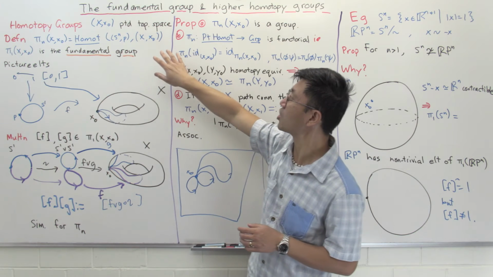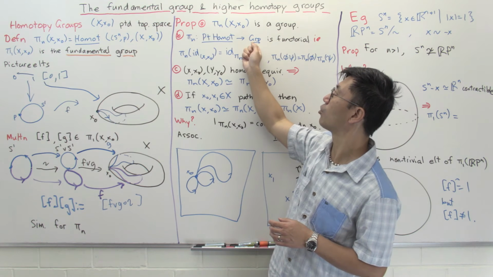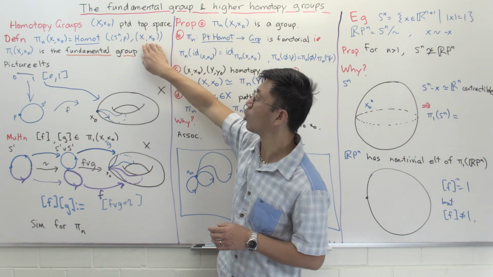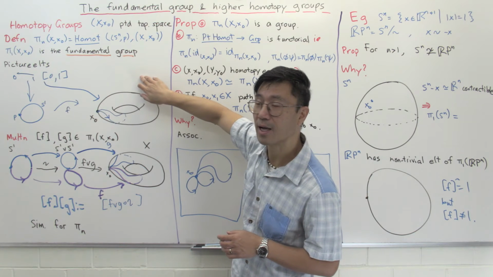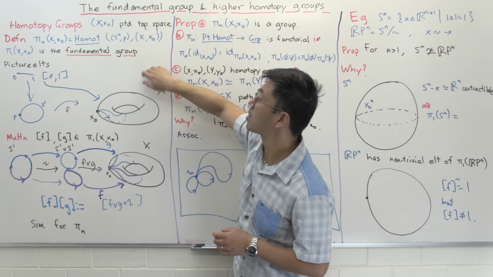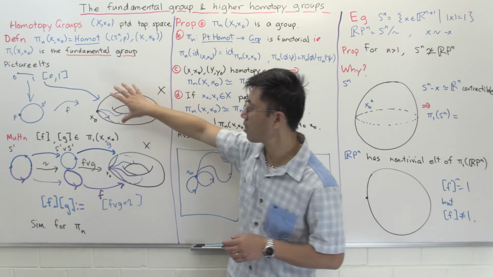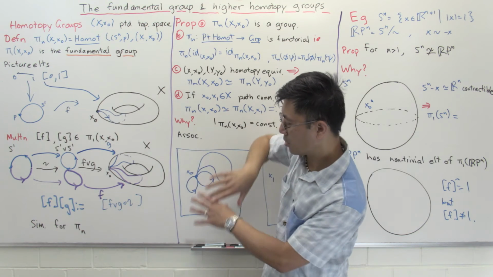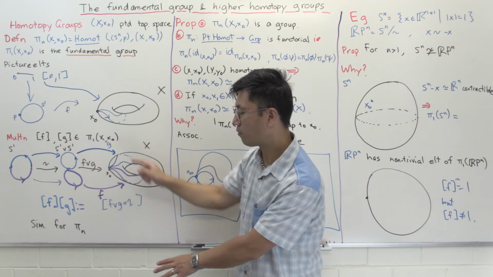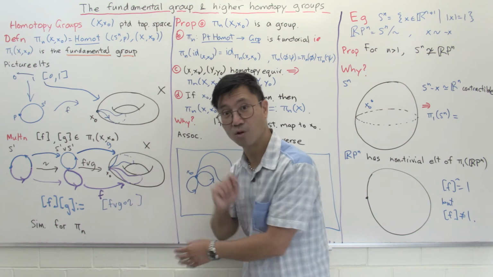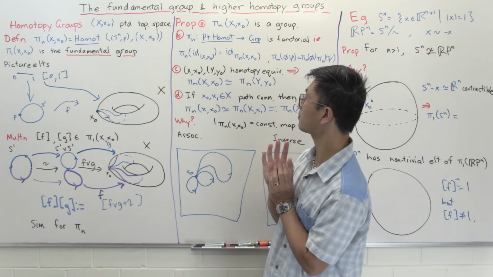The only thing that needs to be checked is that you do actually land in this category of groups, in the sense that if you have a continuous map from x0 to some other point in space, that will indeed induce a group homomorphism. You can see this if you look at images. If you map these loops over to something else, then the concatenation of loops gets sent to concatenation of loops down there. I'll let you check that for yourself, but it's not difficult.